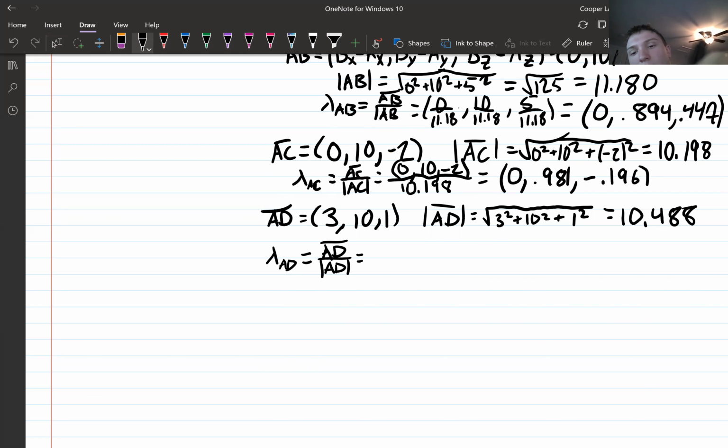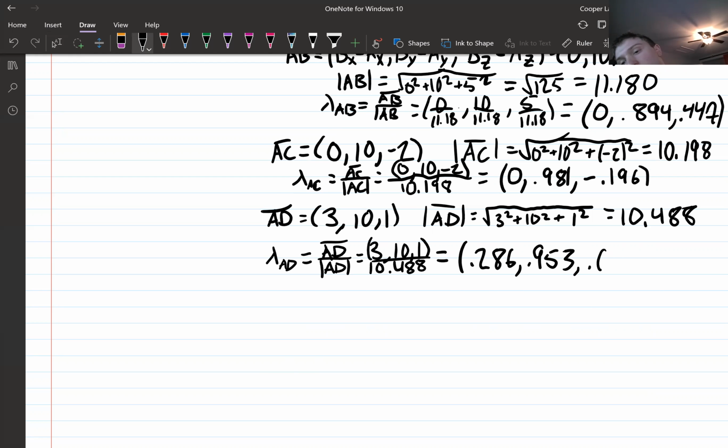This all equals my 3, 10, 1 divided by 10.488. When I do this out, I end up getting my values of 0.286, 0.953, 0.095.